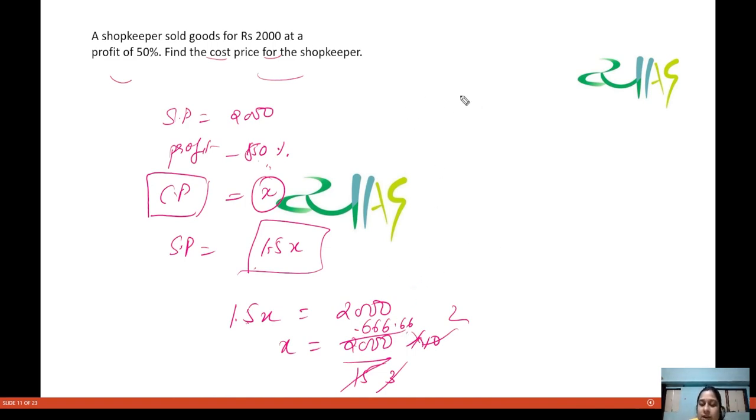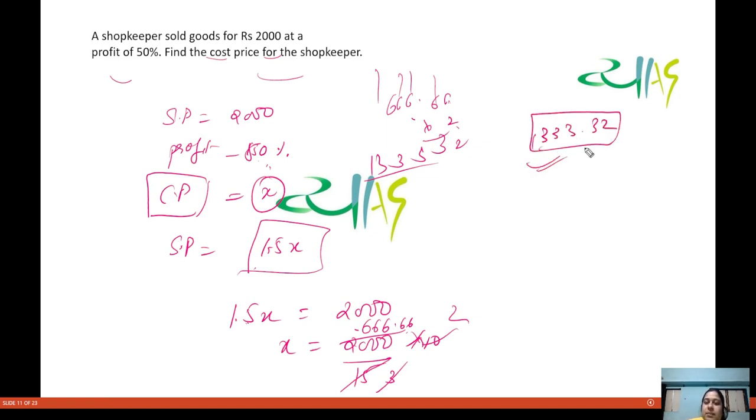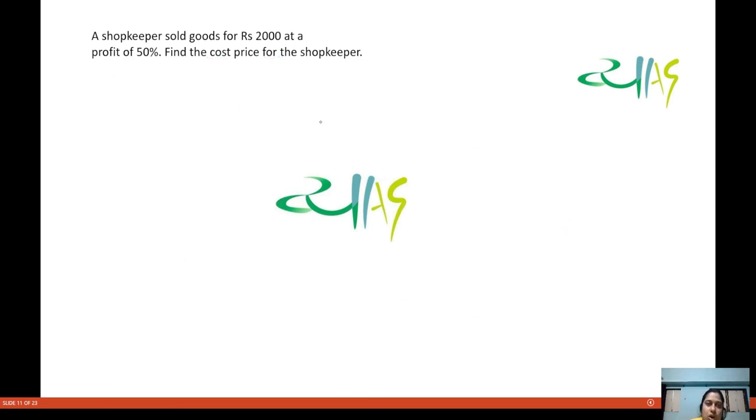Now definitely you can calculate this. 666.66, so this will become 1333.32. So this will be the cost price, that is 1333.32. Fine. Now I think this must be clear to all of you.